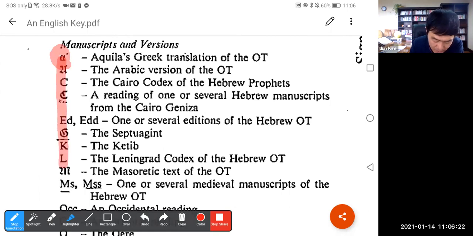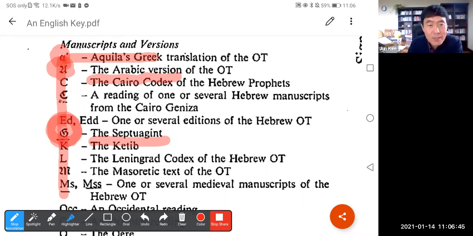If you have this sign, then you need to look at it. This one refers to the Arabic version of the Old Testament. One of the most important versions is the Septuagint, which will be written like this. Can you see that? So you need to know how to interpret even the signs of manuscripts and versions.